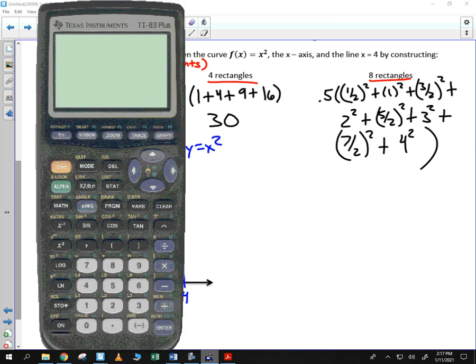So we have to add all those up. 0.5 is my width times the sum of the heights. 0.5 squared plus 1 squared plus 1.5 squared plus 2 squared plus 2.5 squared plus 3 squared plus 3.5 squared plus 4 squared. I get 25.5.